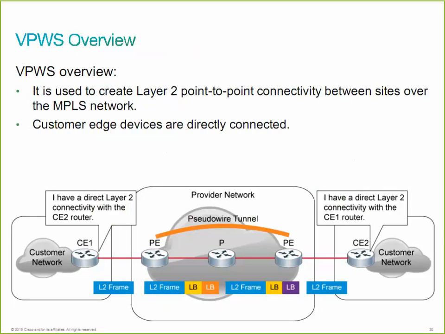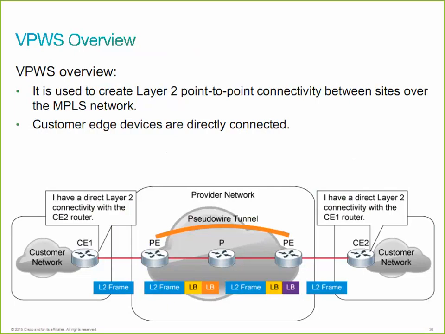The PE routers are connected to the CE routers just like before, but the PE routers receive layer 2 frames, and then they encapsulate them with the labels before sending them on towards the other PE routers. It's the remote PE router that removes the label and then sends that frame, not the packet, but the frame towards the remote CE router.